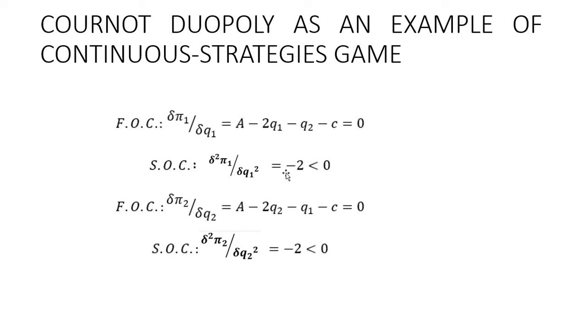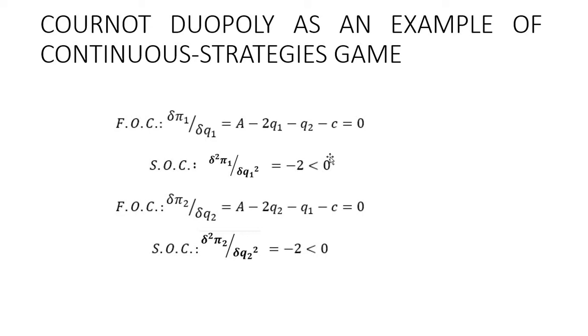So from this you will get negative 2, which is less than 0, negative, obviously. And this means that the point we are looking for is indeed maximum of the function, not minimum. Because second order condition states that if second derivative is negative, it's maximum. If it's positive, it's minimum. And basically we are done.